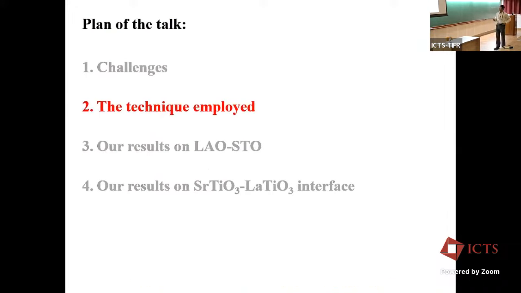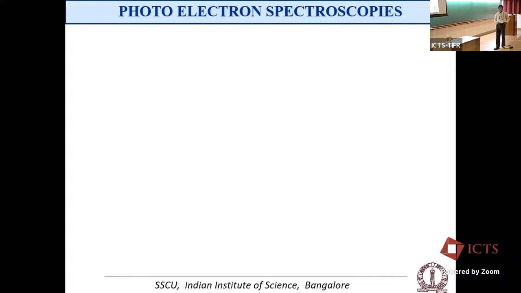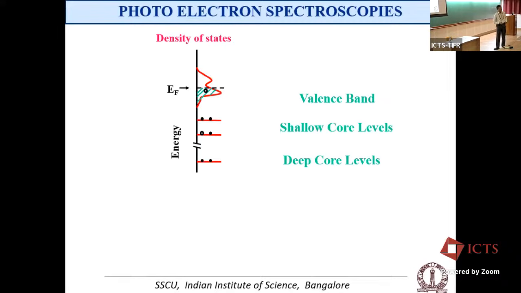So that brings me to the technique employed. I'll just very quickly tell you what photoelectron spectroscopy is all about, because most of you may know about it. So you have the material, the Fermi energy, the chemical potential is there, and you have all these states that are occupied by electrons. Those states are not occupied by electrons. And these occupied electrons, I can bring in a monochromatic photon source, photons which have enough energy to knock electrons out.